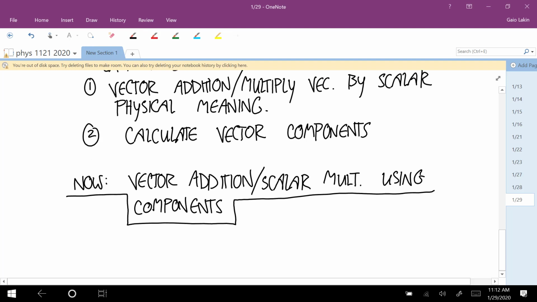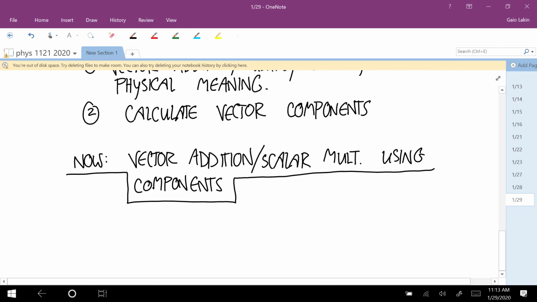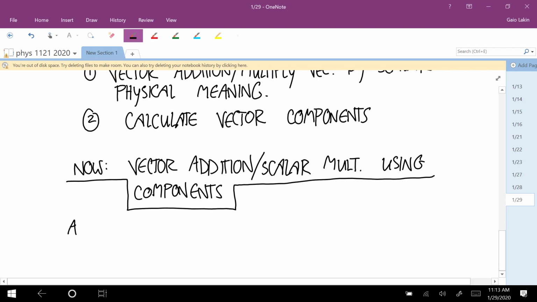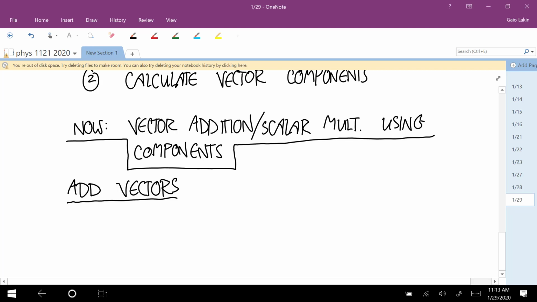Okay, so when we do this stuff using components, we've already talked about what the meaning of adding vectors is. So this component approach needs to match that physical approach. So first, adding vectors. So let's say that you have a vector AB. Those are the components.